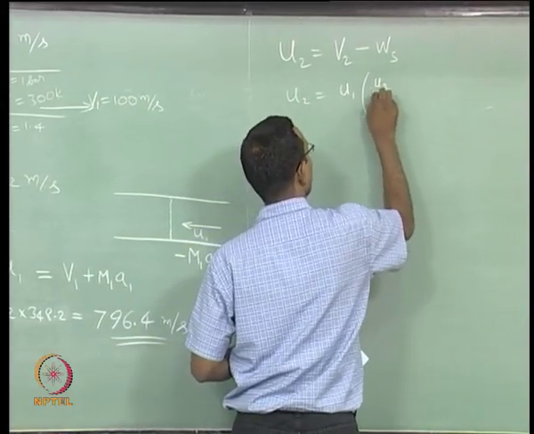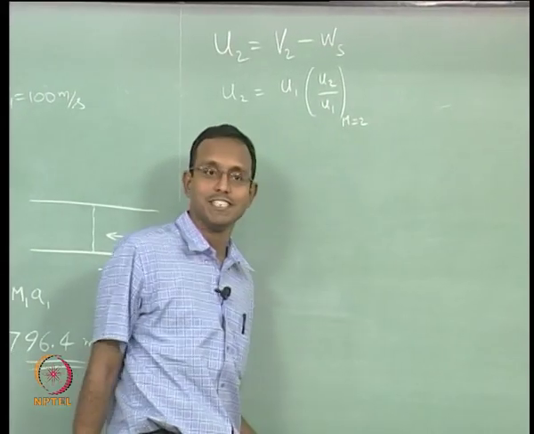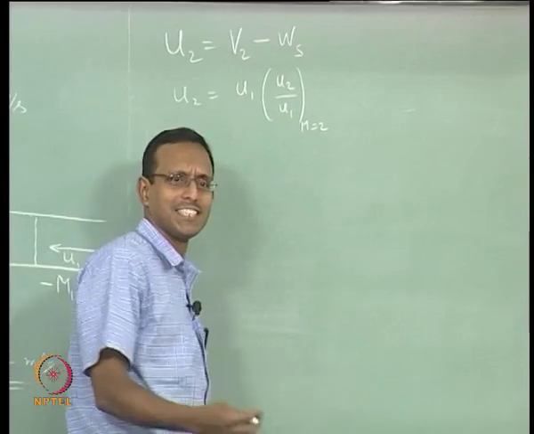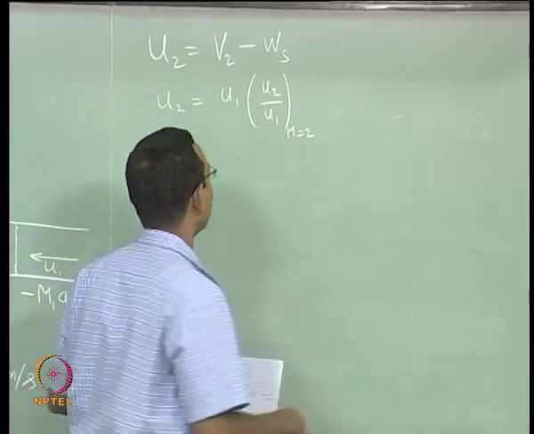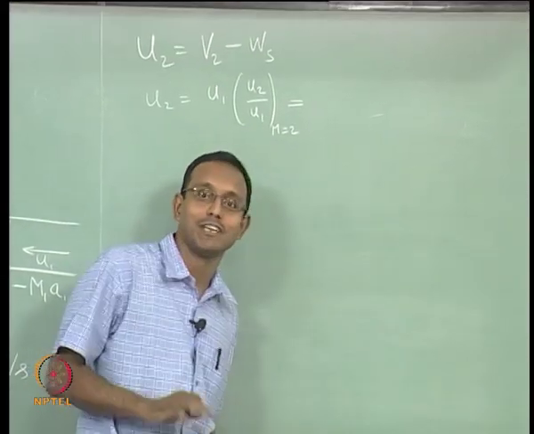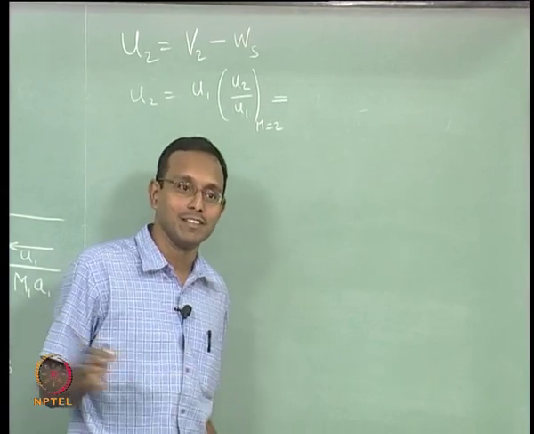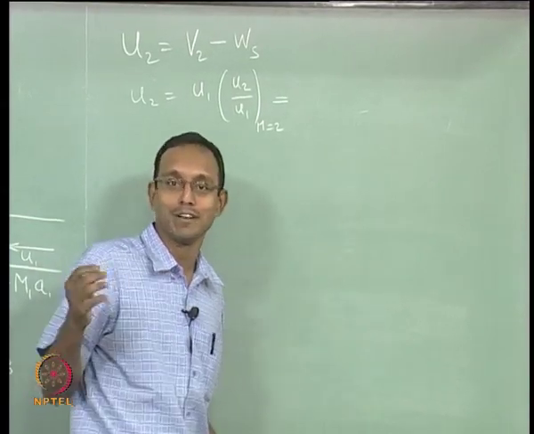U1 into U2 by U1 at M equal to 2, easy way to do it. Gas dynamics people like this a lot, cancelling ratios, very nice way of doing things. It works great for us because in all compressible flows tables and all gas tables whatever you pick, they all give you only ratios. So I have to multiply all the ratios to get to whatever number I get.